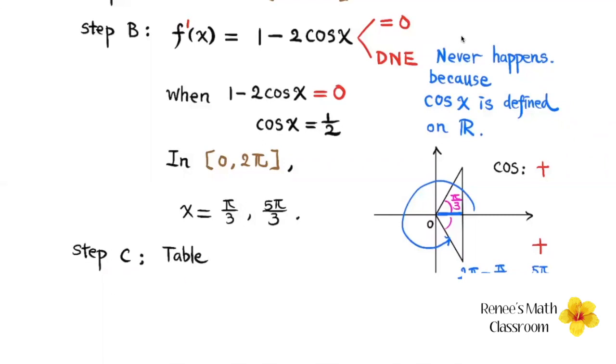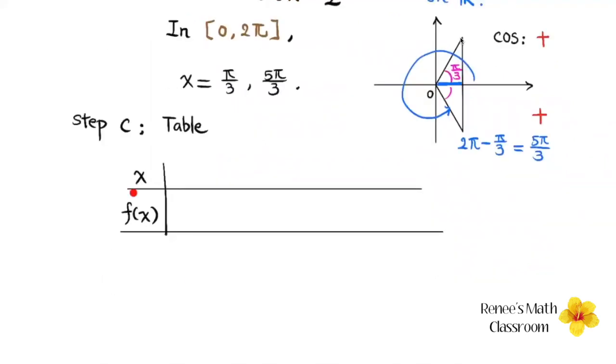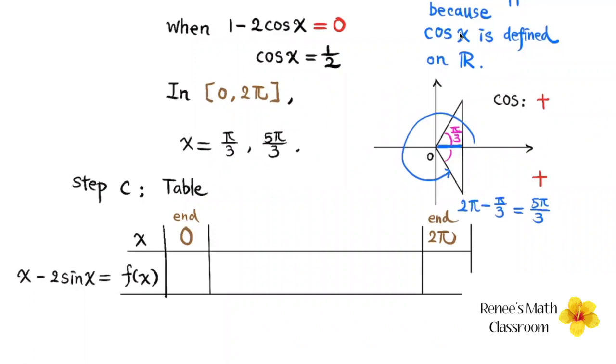Step C is to make a table. It has 2 rows. The first row will be for those x values. The second row will be for f of x values. And we put the two ends of this closed interval at the two ends of this table.